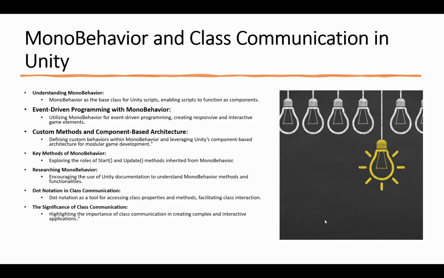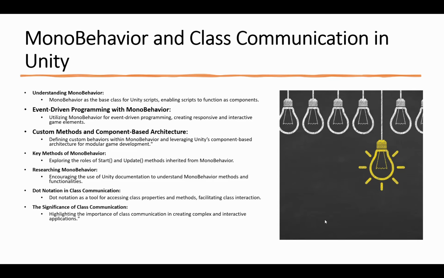MonoBehaviour is more than just a class. It's the key to making scripts work as components in Unity. Every script you write in Unity, like LearningCurve, is a class, but not every class automatically becomes a component. This is where MonoBehaviour comes into play. When you see LearningCurve : MonoBehaviour at the top of your script, it means that LearningCurve is inheriting from the MonoBehaviour class.